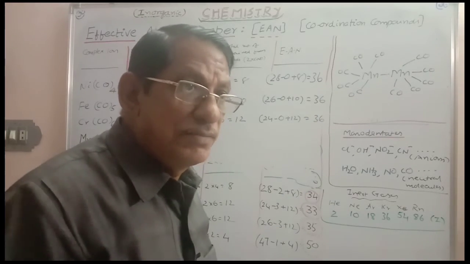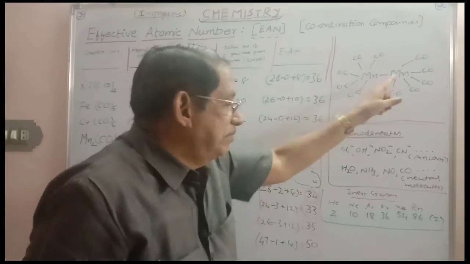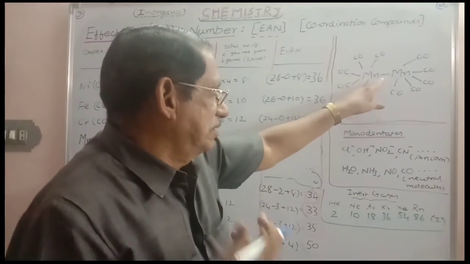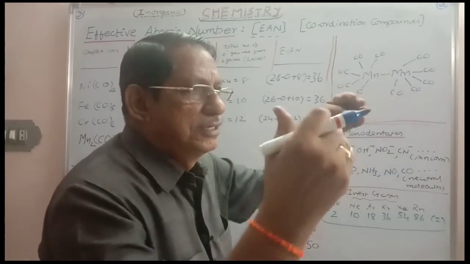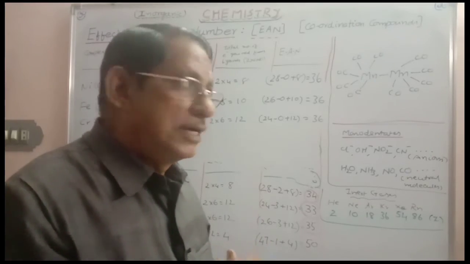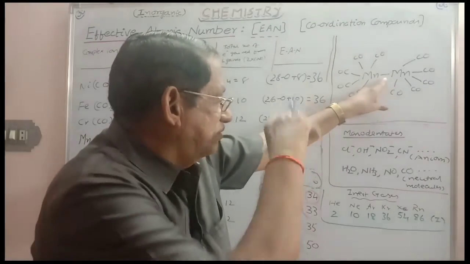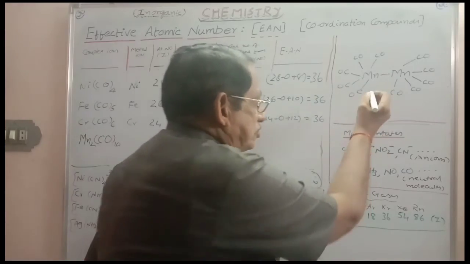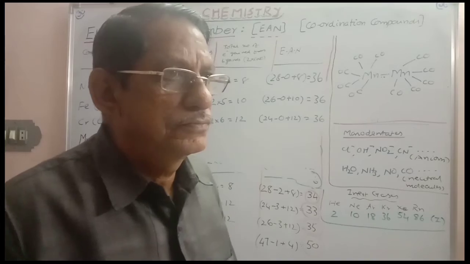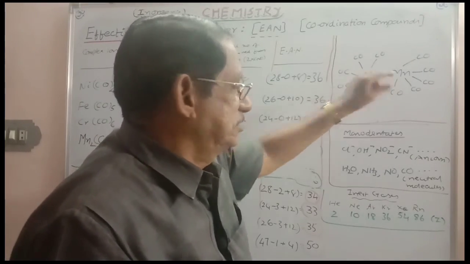Don't forget, in this Mn2(CO)10, there is Mn-Mn bond. That means Mn is giving 1 electron, that Mn is also giving 1 electron. Thereby, it is able to form the covalent bond in between these two. These 2 electrons should be counted for this one, that one. So, apart from the 25, 1 more electron is obtained.